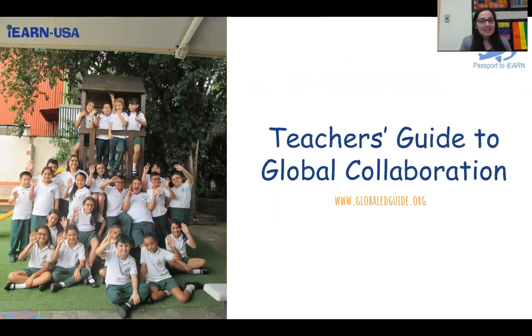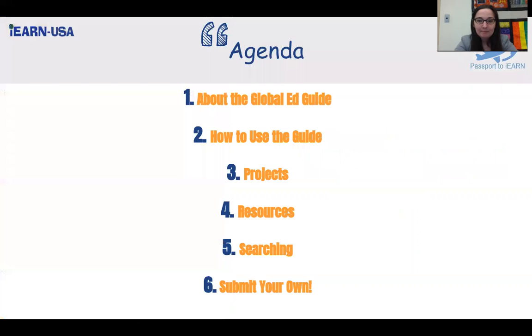So this session is going to be about one of iEARN-USA's initiatives, which is the Teacher's Guide to Global Collaboration. You can access this guide at globaledguide.org. And it's a great website that iEARN-USA helped put together to help educators and youth around the world connect with other teachers and other educators about projects and resources that support global collaboration.